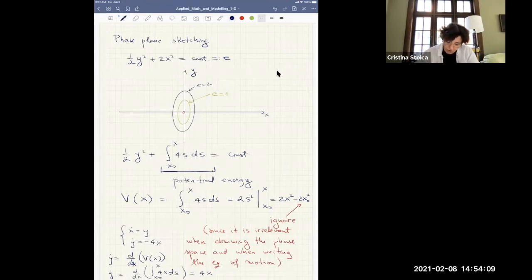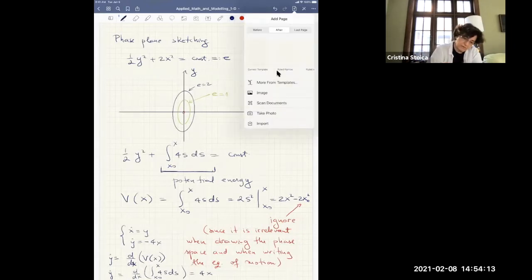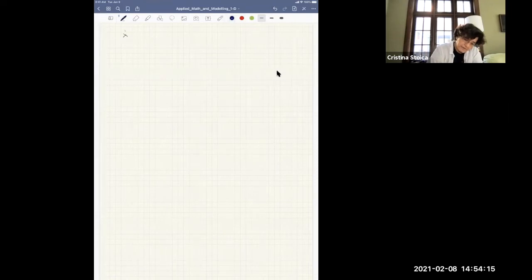Okay, so now where am I going with this? For this guy, we have 1/2 y squared plus V of x equals constant, right? And V of x is that 2x squared. I'm just rewriting; I'm going around the bush all the time.